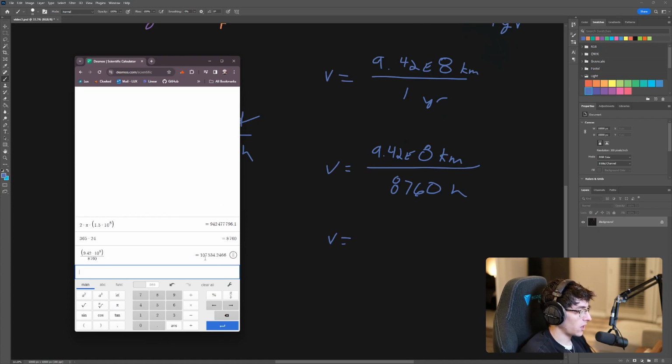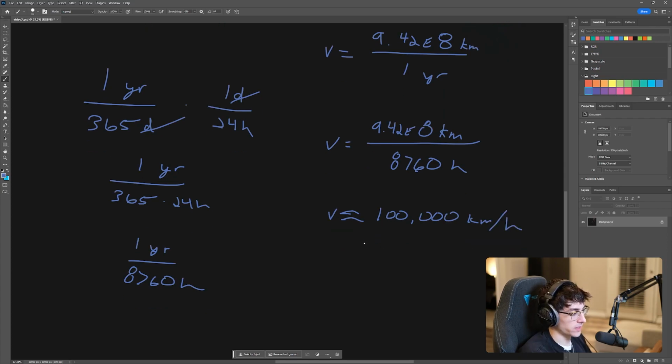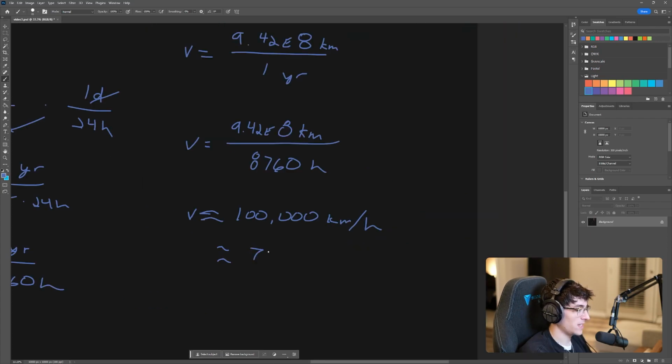It gives us 107,534. So roughly 100,000 kilometers per hour. Or what's that? Like 70,000-ish miles per hour. This is the orbital speed of Earth. This is how fast we are moving around the sun. Yeah, personally, I'd classify that in the pretty fast category.